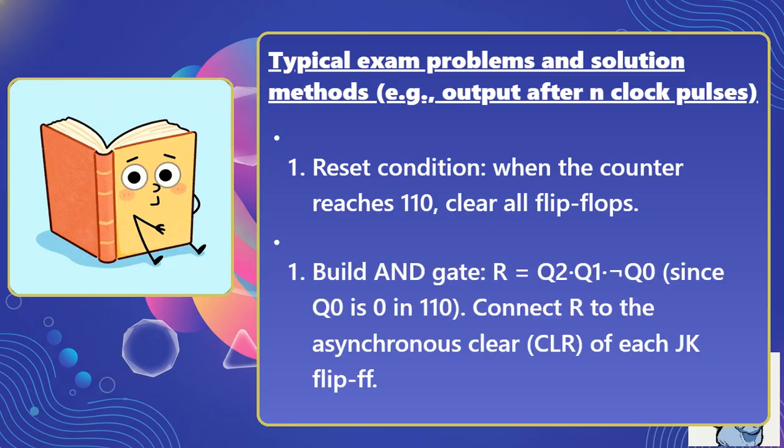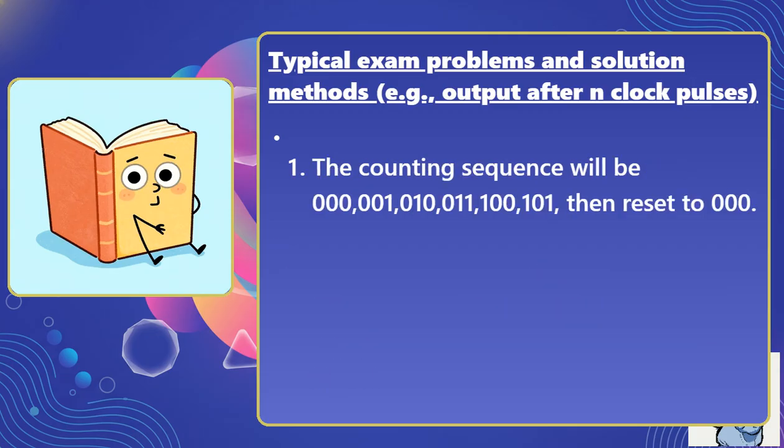Step 4. Build an AND gate, R equals Q2 · Q1 · not Q0. Since Q0 is 0 in 110, connect R to the asynchronous clear CLR of each JK flip-flop. Step 5. The counting sequence will be 000, 001, 010, 011, 100, 101, then reset to 000.